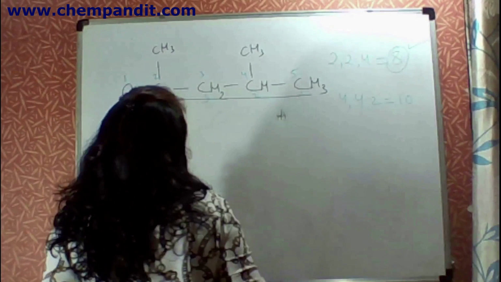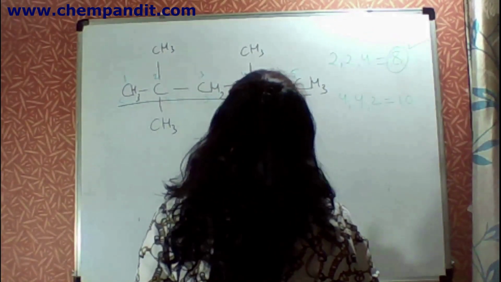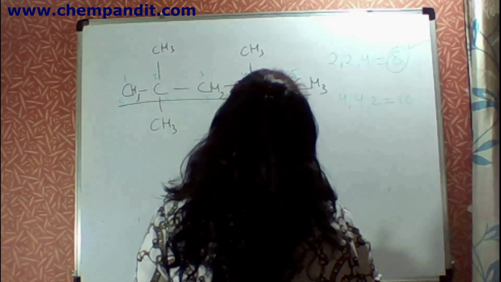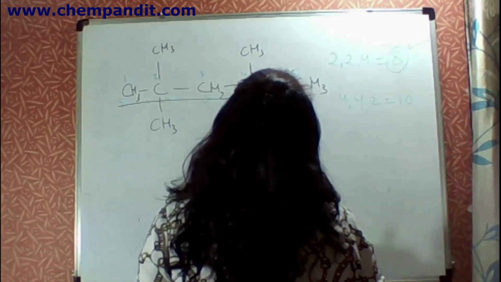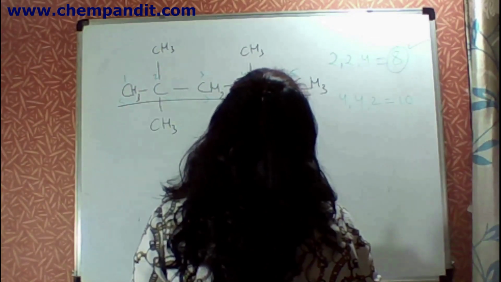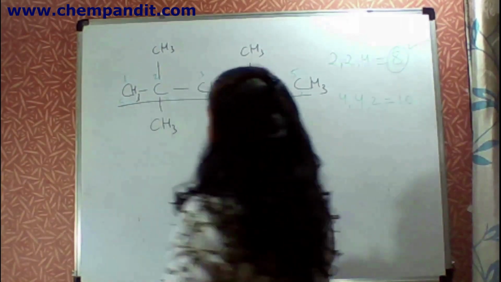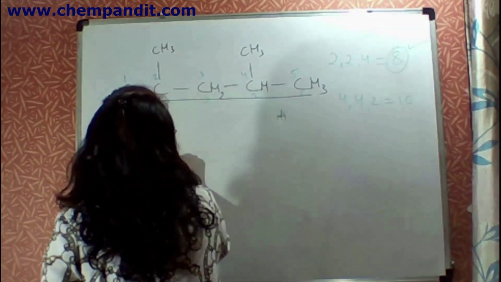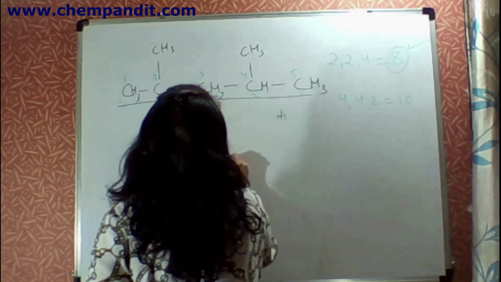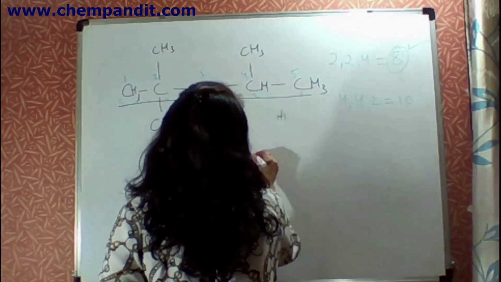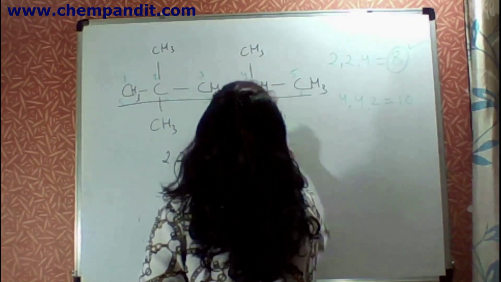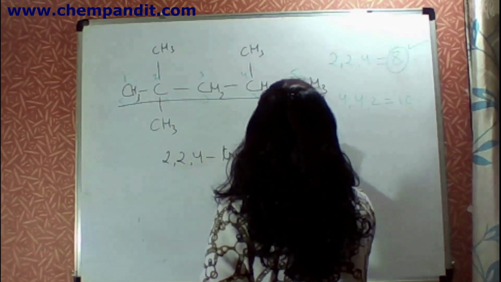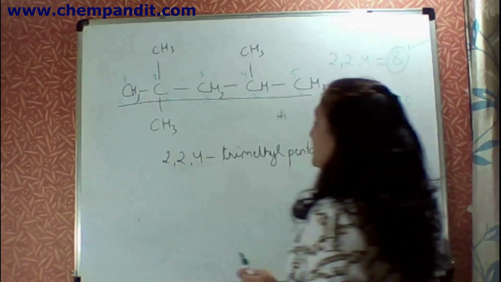So as per this sequence, the name of this compound will become written as 2,4 trimethyl. The root word is pent. All single bonds are there. Therefore, pentane. 2,4 trimethyl pentane.